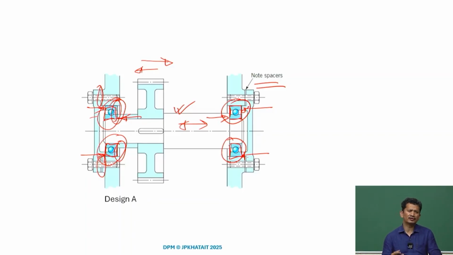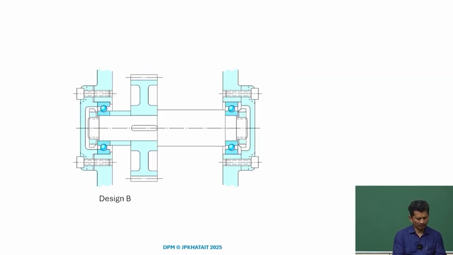So, in this design, if the bearings are failing, it is not because the bearings are of low quality or a bad bearing, but mainly because the design is bad and there is no relief provided for that kind of expansion or contraction.